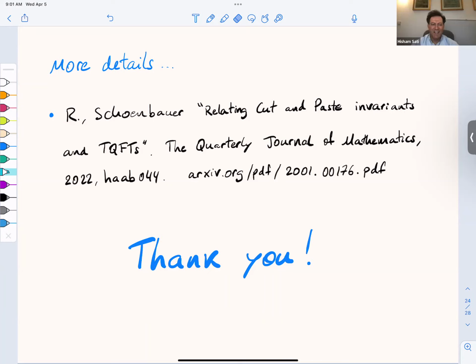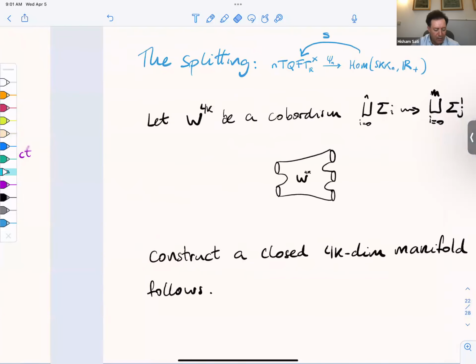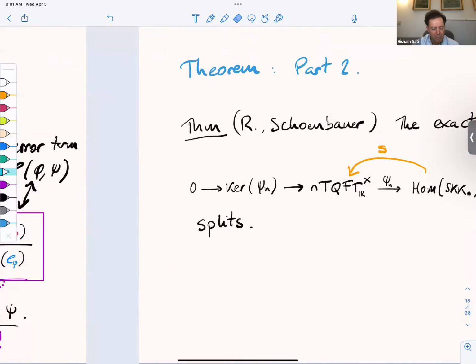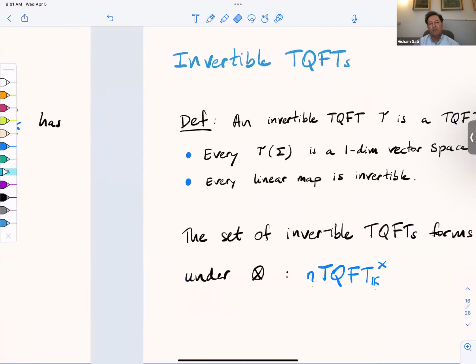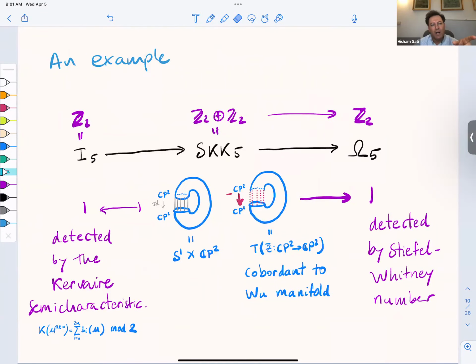I see. Okay, that's very interesting. So when you looked at that 5-dimensional example, you had 2 generators. One of them is S1 cross CP2. And earlier you had said that the kernel in general is generated by spheres. Oh yes, I see. So it's generated by spheres.